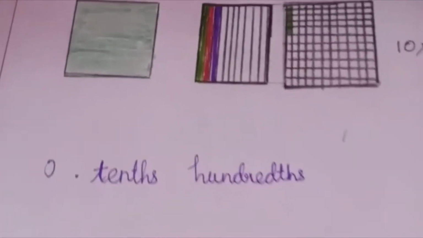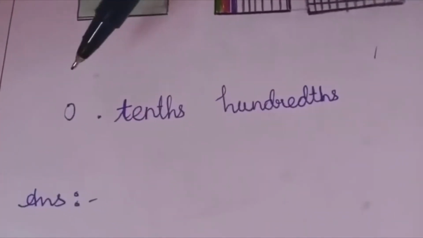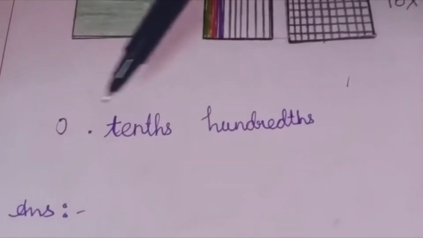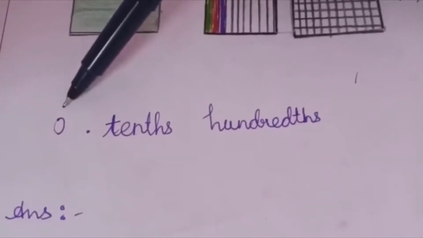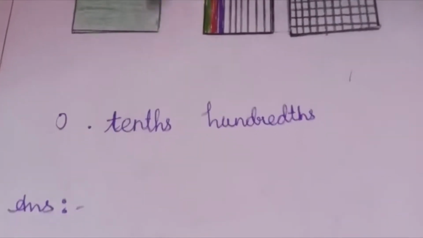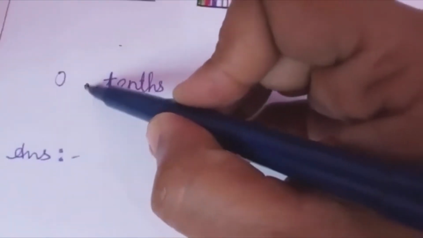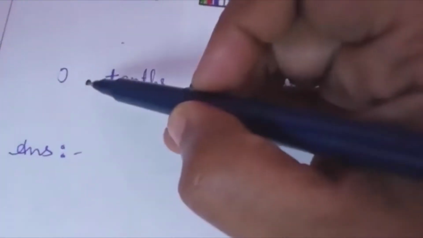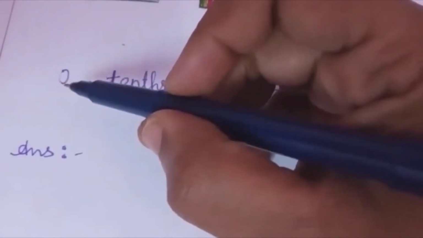Okay. Now, place it in the place value system. Ones, that is O. Ones will come always before the point. This is the point. Listen very carefully. Ones will always come before the point.